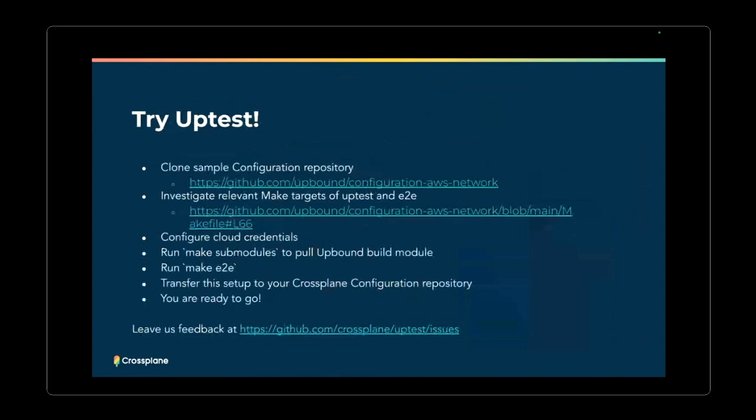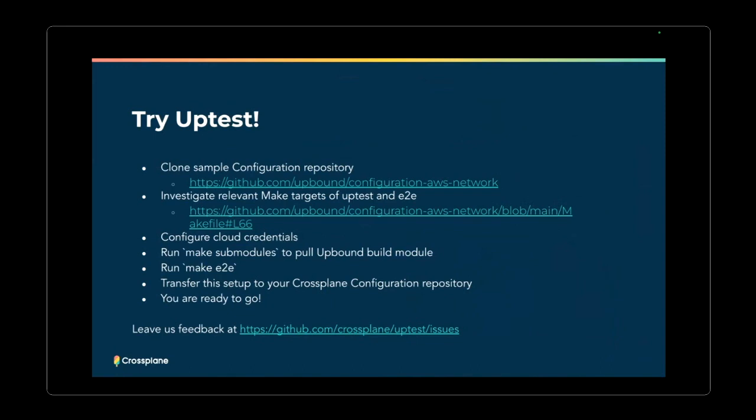And yeah, just to conclude the session, try uptest. To try uptest, you can just clone an arbitrary configuration. Configuration AWS network is just one simple example. You can investigate, make targets similar to what I showed in the demo, configure cloud credentials.